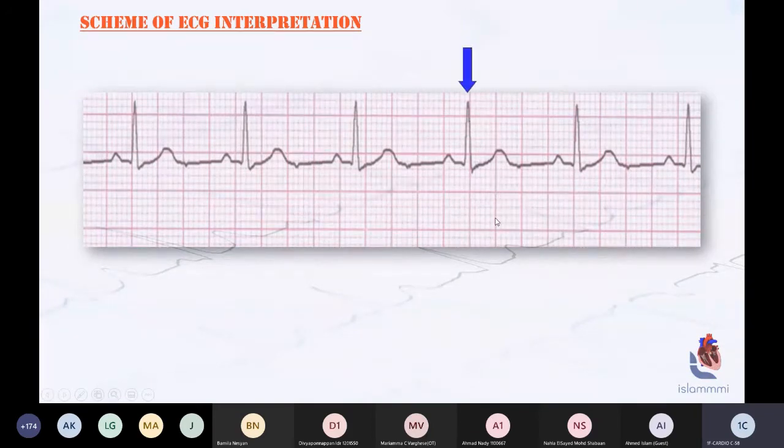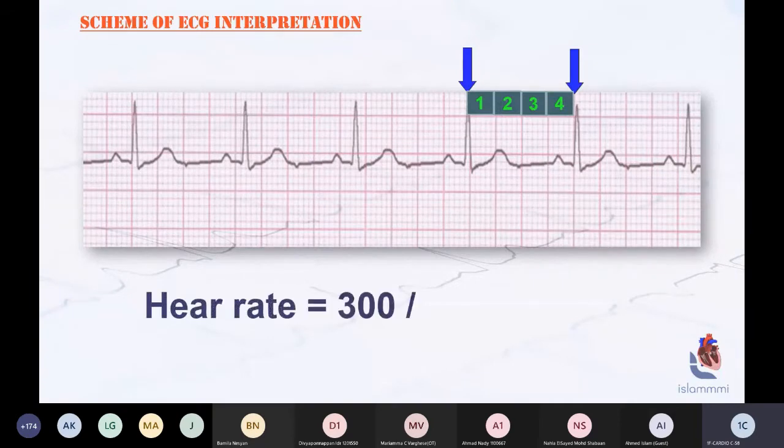So if we take this one and the next one, we have 1, 2, 3, and 4 boxes in between. And you have always to remember that we have a fixed number, 300. If we divide this number by the number of boxes, you can calculate the heart rate in this ECG strip. So 300 divided by 4, so the heart rate in this strip is 75.